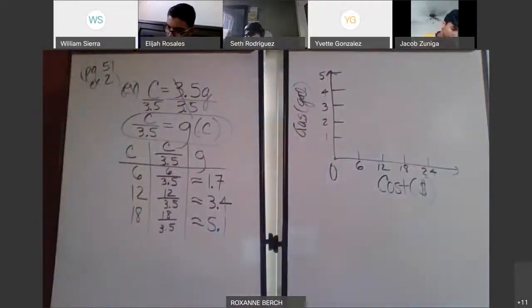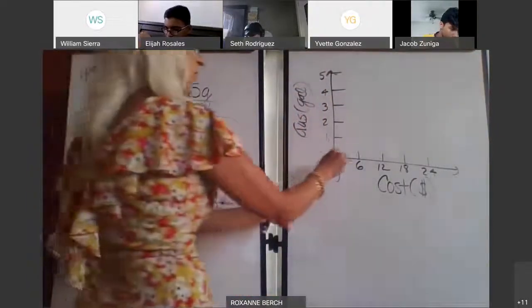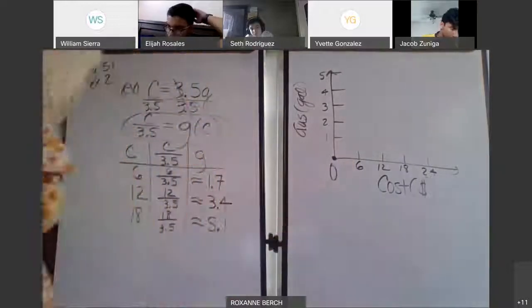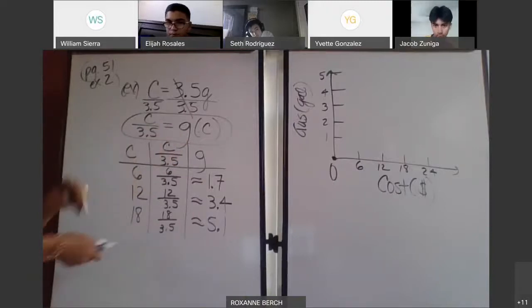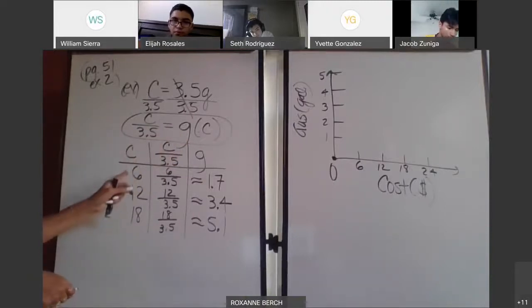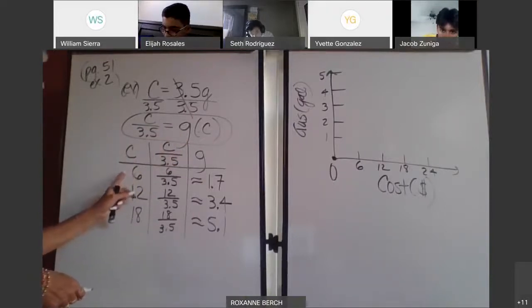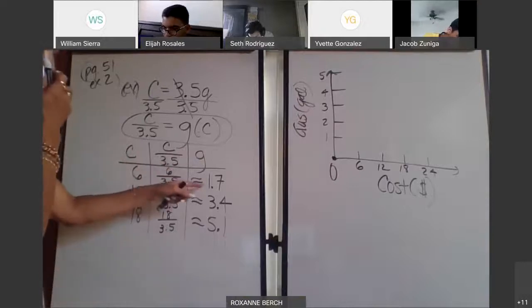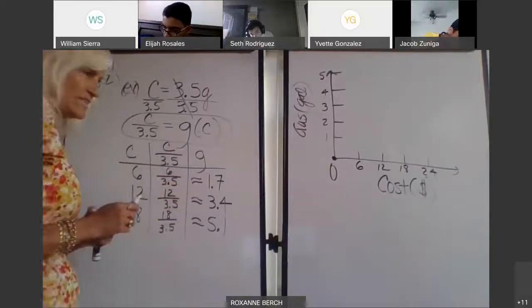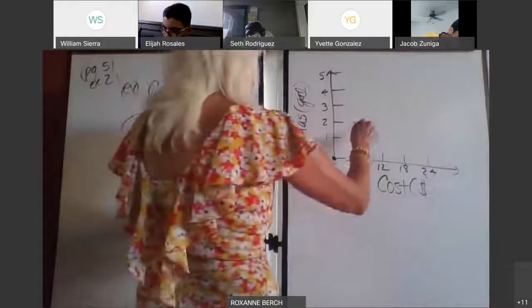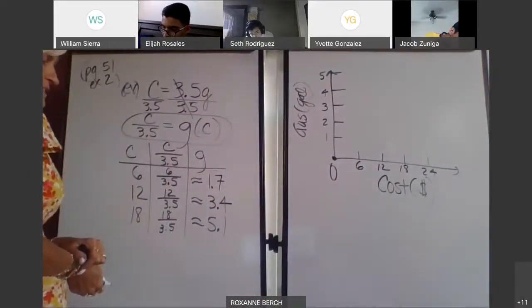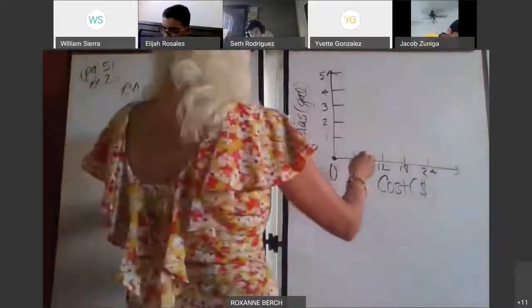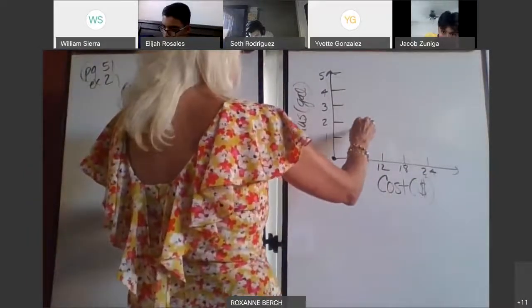So you would graph these ordered pairs. So you have 0, 0, right? Because if you put in a 0, you get 0 over that, which is 0. All right, now you're going to go right 6, up 1 7/10. So we could just say it's close to 2, but we're going to go right 6, up close to 2.